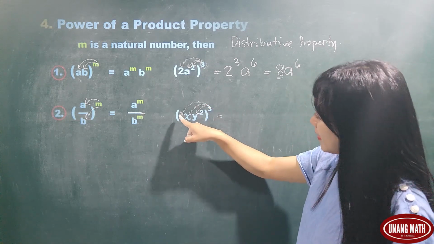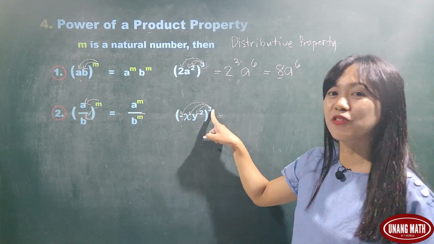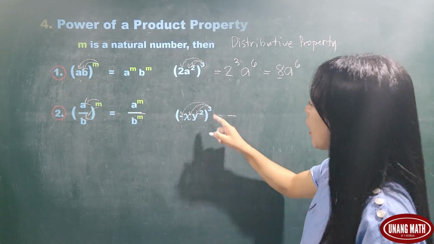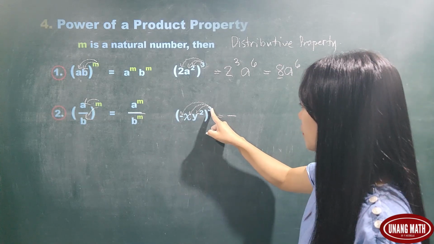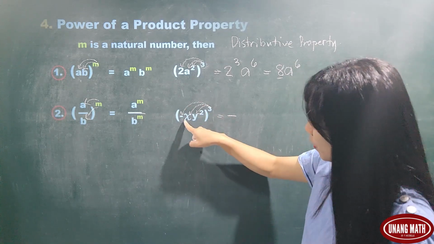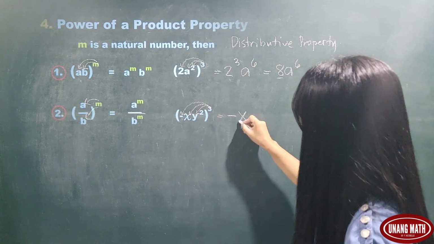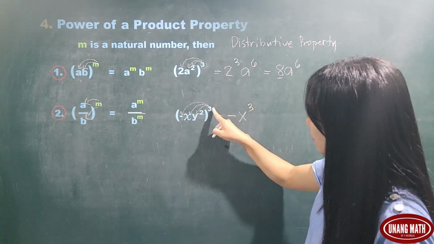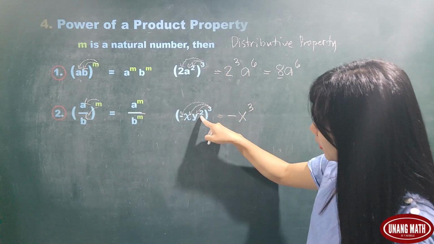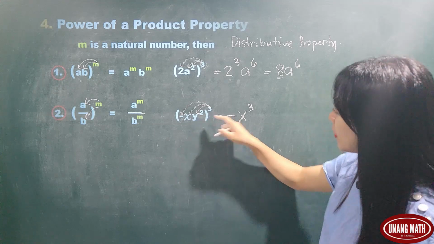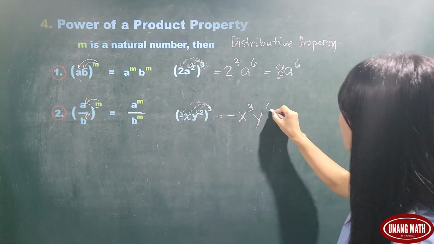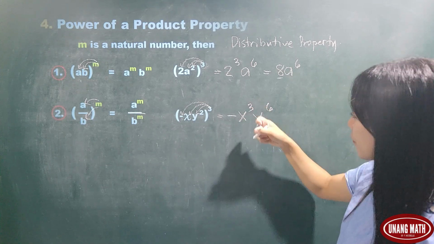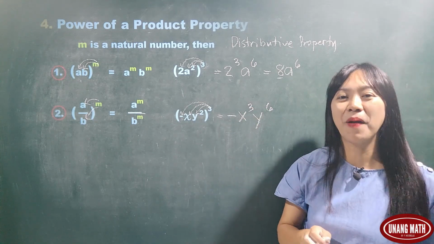So negative, raised to the power of 3, that means still negative. What about this exponent 3 distributed to x? So this is x raised to the power of 3. y squared, and then raised to the power of 3. So just multiply 3 by 2. So 3 times 2 is 6. So this is y raised to the power of 6. So we have negative x raised to the power of 3, y raised to the power of 6.